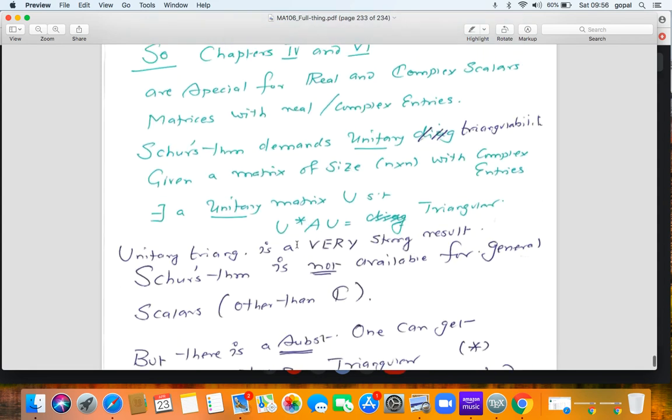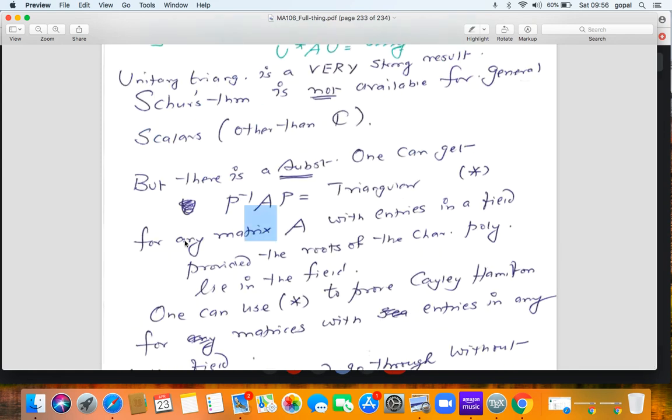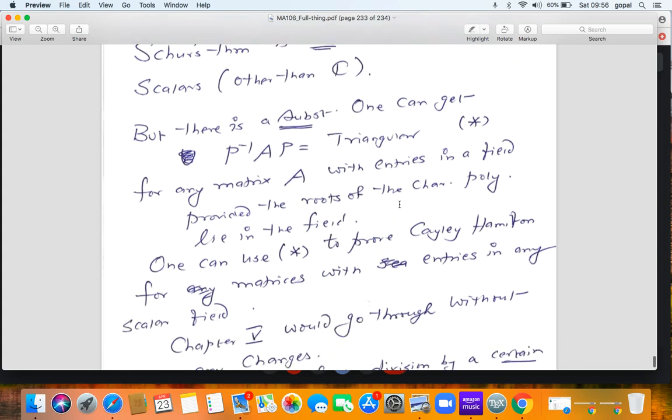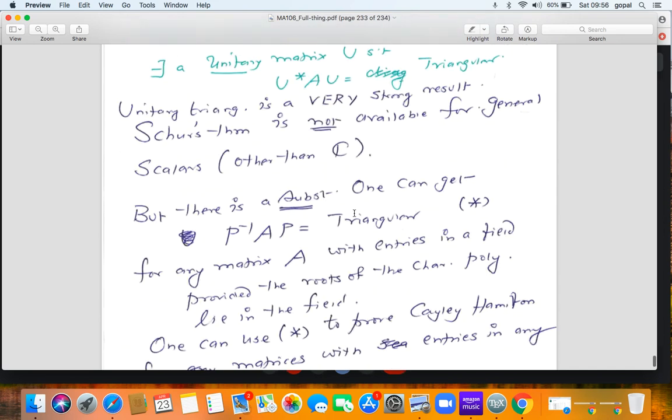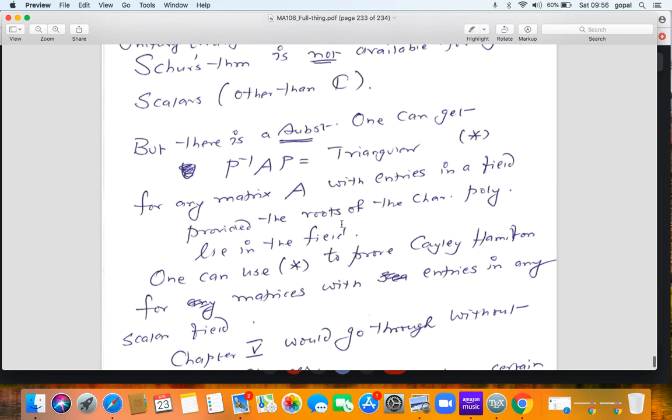Here we are asking that it is unitarily similar. Unitarily similar is very strong. Here we ask for mere similarity to a triangular matrix. The answer is yes, provided the characteristic polynomial factors and has its roots in the field. So one can again use this weaker version to prove the Cayley-Hamilton theorem.